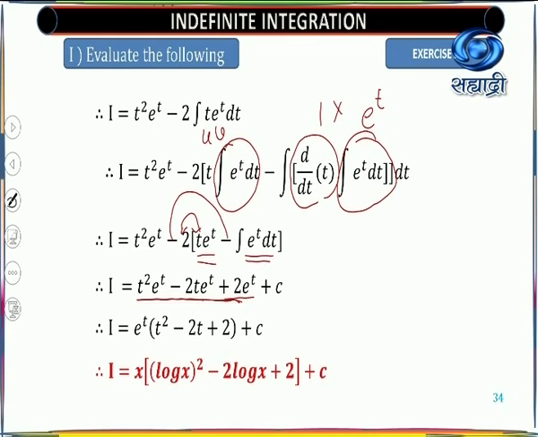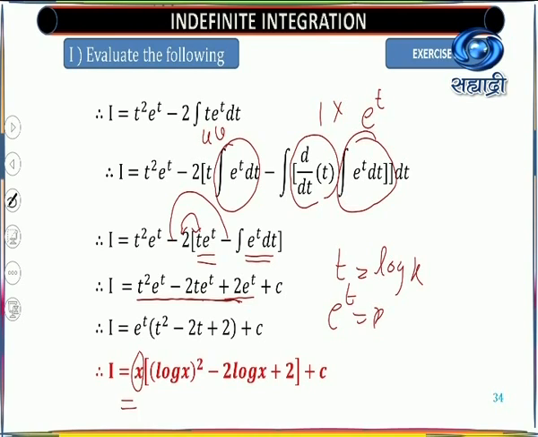That is x. And as usual, you know that t equal to log x. This is our substitution. So e raised to t is x. Now t is log x, so the answer is x times log x bracket square minus 2 log x plus 2, plus constant of integration.